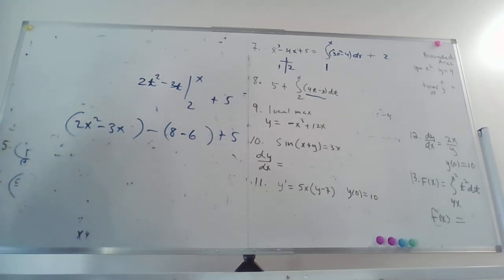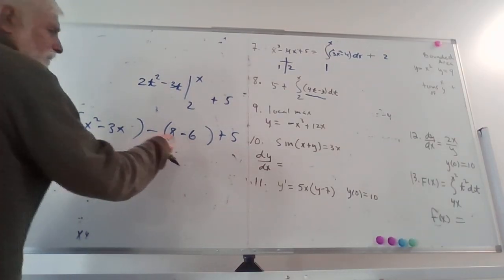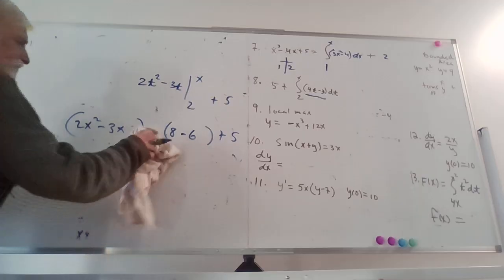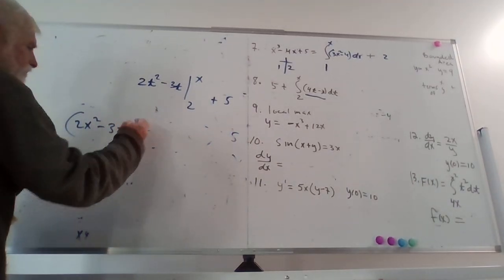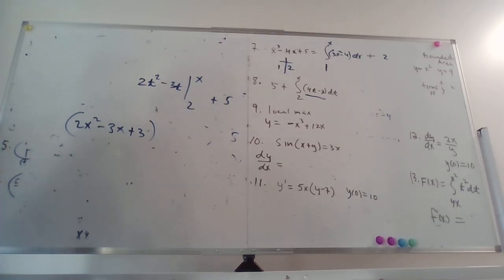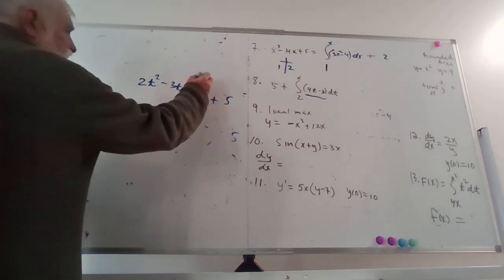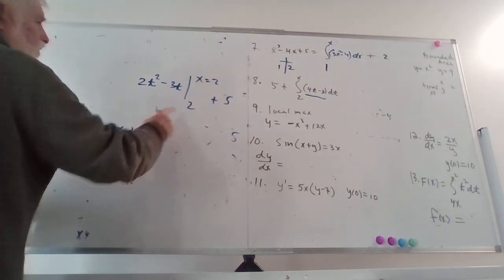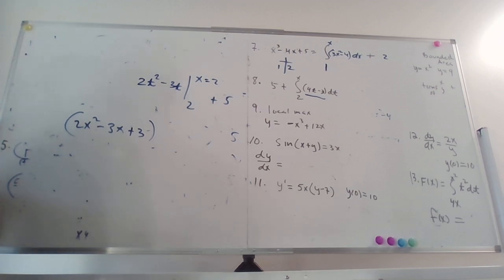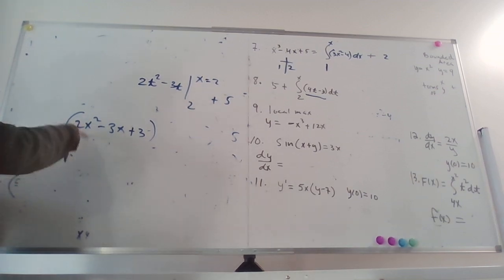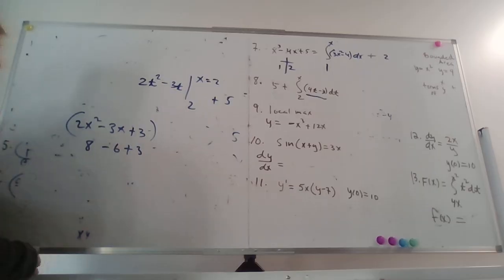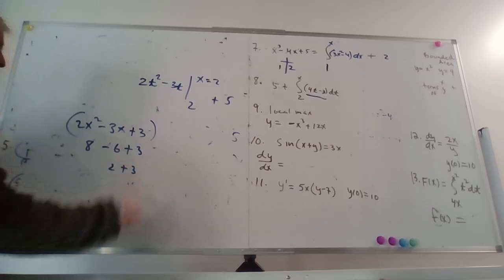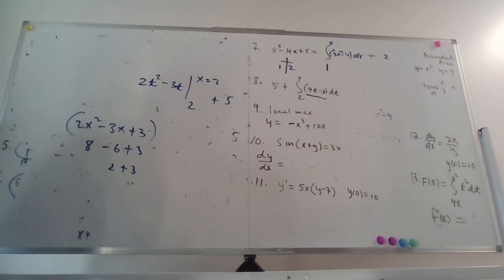You can clean that up. Well, it's not hard. Minus 2 plus 5, 3. And a 2 gets us a 5, yes? From 2 to 2 would get us a 5. Well, let's put a 2 in it. 8 minus 6 plus 3. 2 plus 3 gets us 5. Oh, that's nice. I like that.